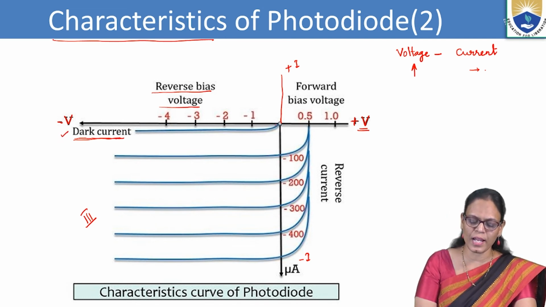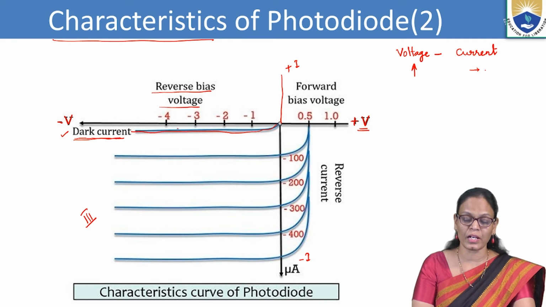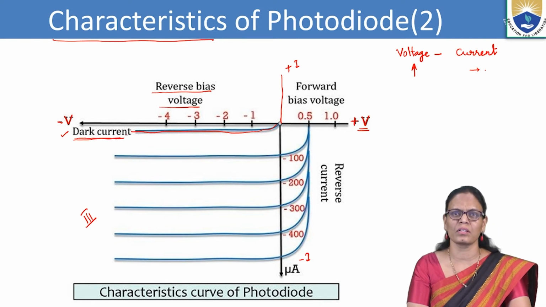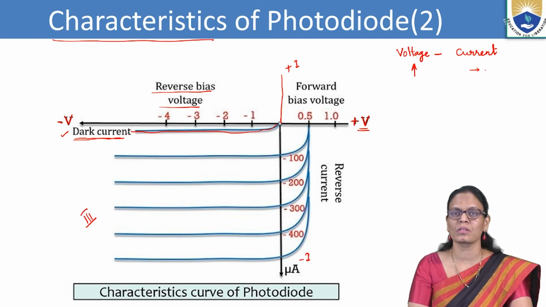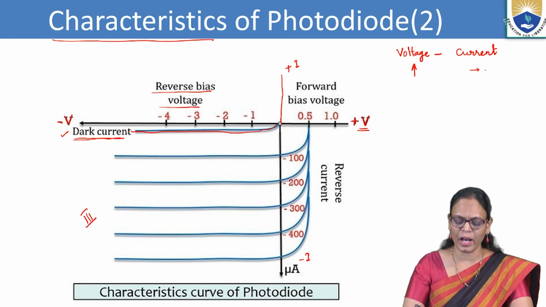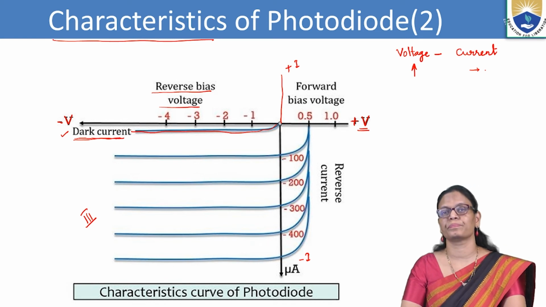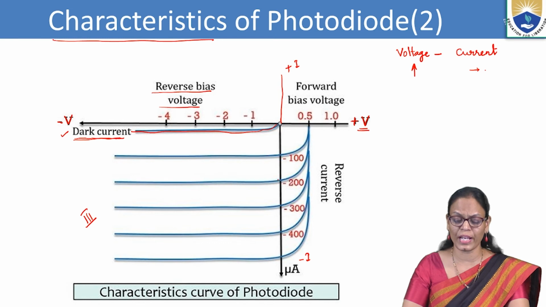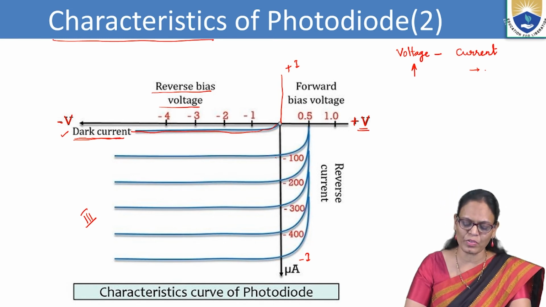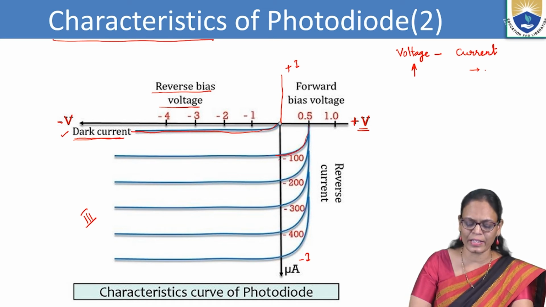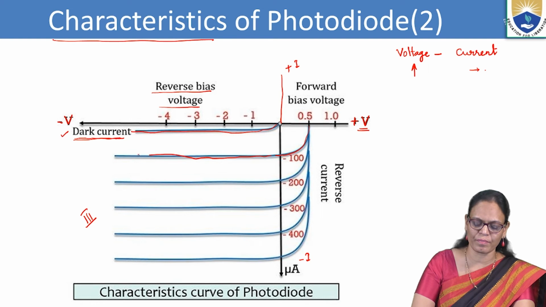So now for this dark current, if you plot the characteristic, as the reverse voltage increases, there is a small current which is almost constant. And now as we are increasing the reverse voltage, we allow the light to fall on it. So what is happening, you see here, there is a slight increase and then it becomes saturated like this.